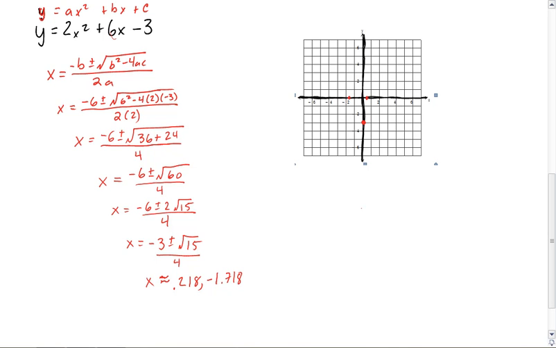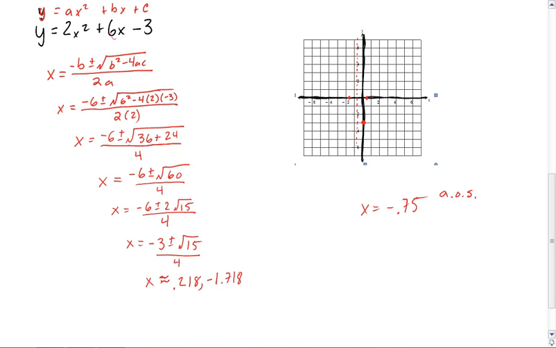So at x equals negative 0.75 is the x value of the vertex, which is also the place of our axis of symmetry. So that would be right here, right?